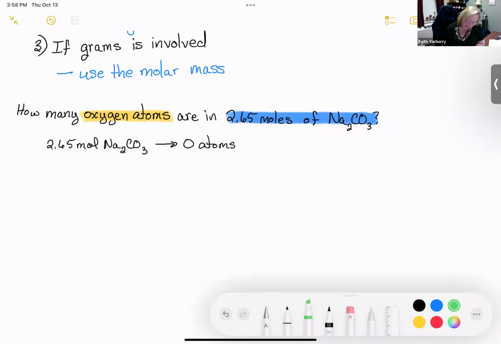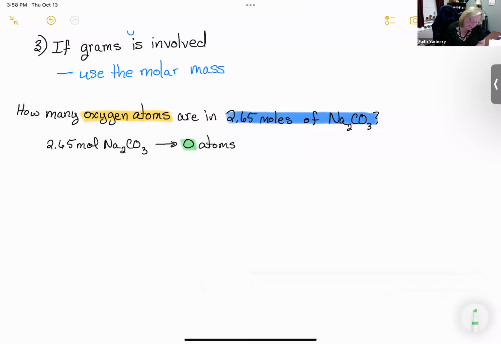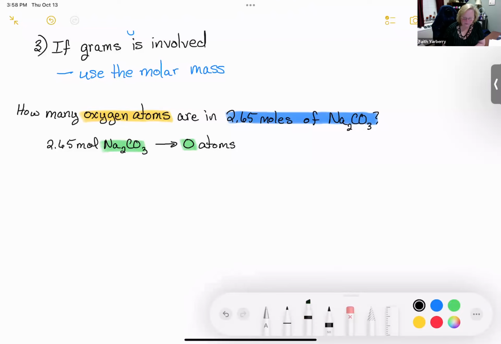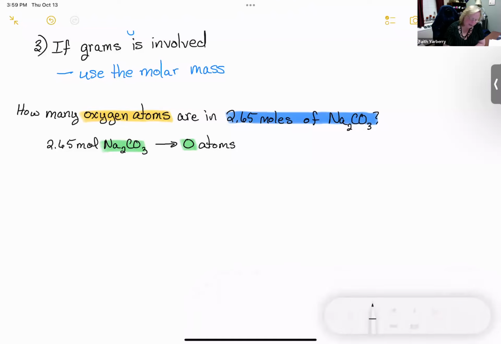The first thing I notice is that my substance is different. It has a different formula. So when your substance is different, it means you're going to need a mole to mole ratio.